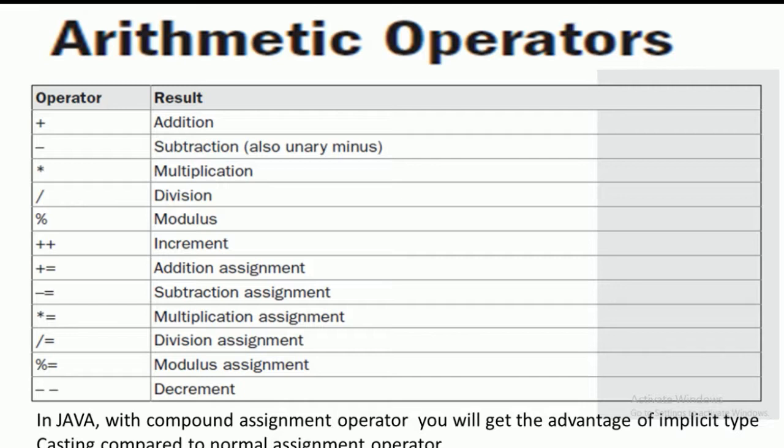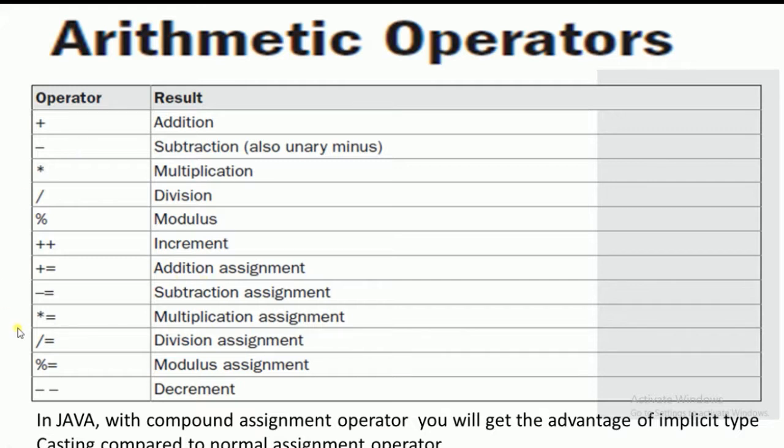And you can see in Java, when we are using compound assignment operators, you will get the advantage of implicit typecasting compared to normal assignment operator.